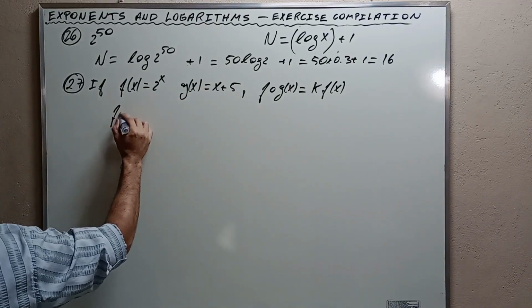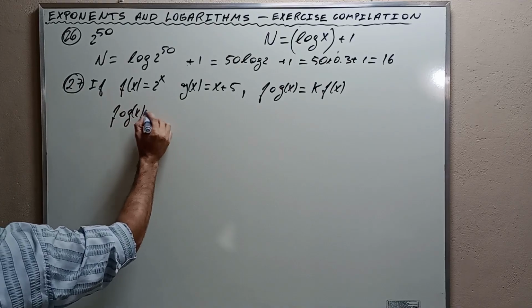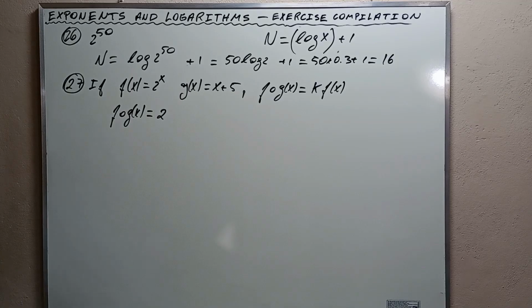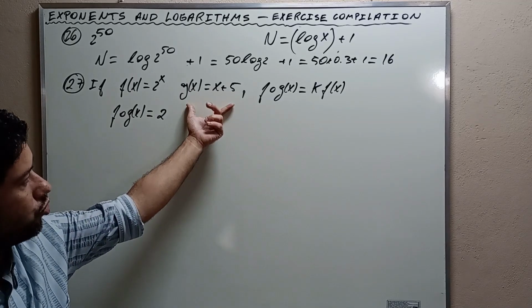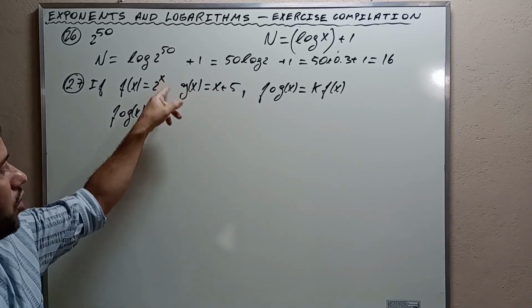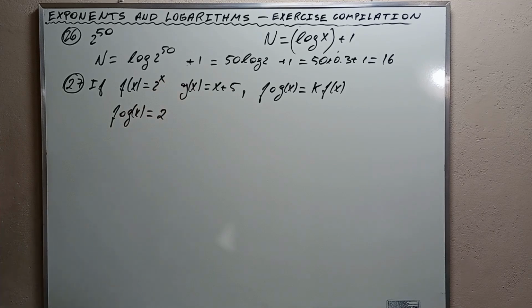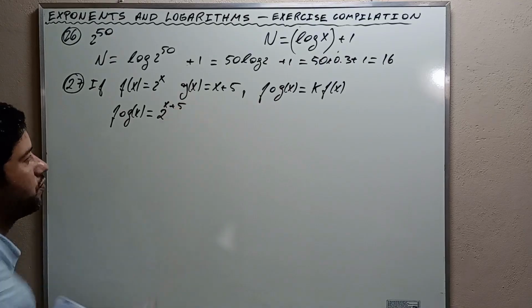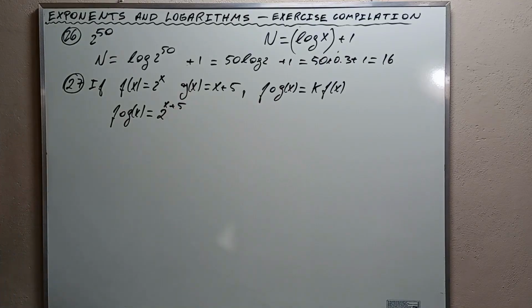Then f of g of x is equal to 2 raised to the power of x, but we are substituting g in x. So in the place of x we put x plus 5. Alright? This is what we have to do. It is simple.